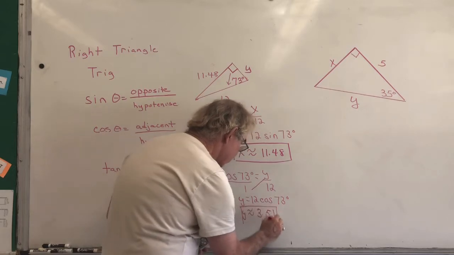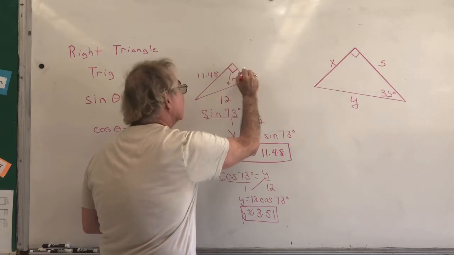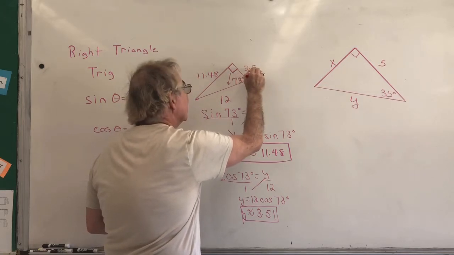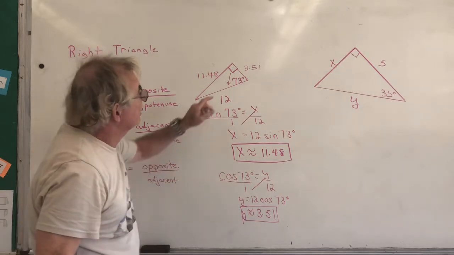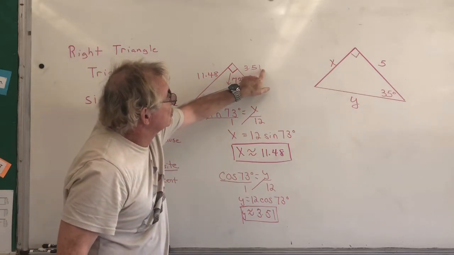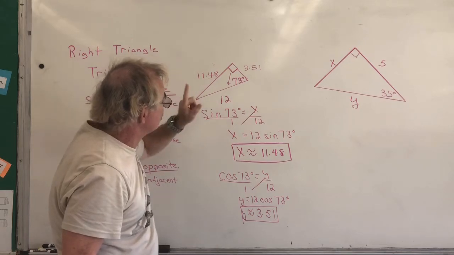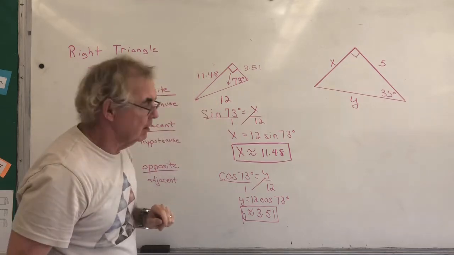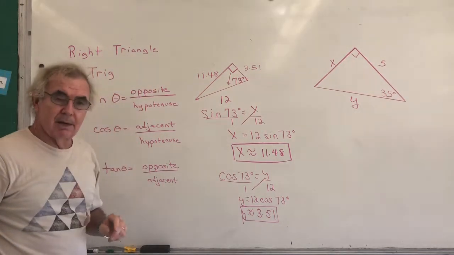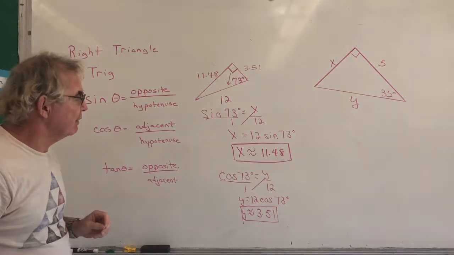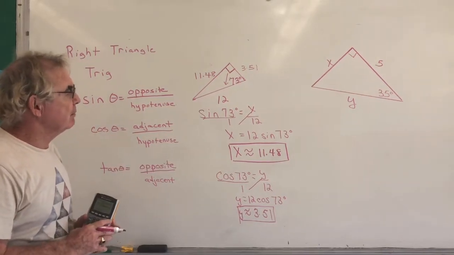Now, you put that here, and if you would like to reinforce this, you could say 3.51 squared plus 11.48 squared should equal 12 squared. It'll be very close because we rounded. It may not be exact, but it'll be very, very close. Okay, there's problem 1.